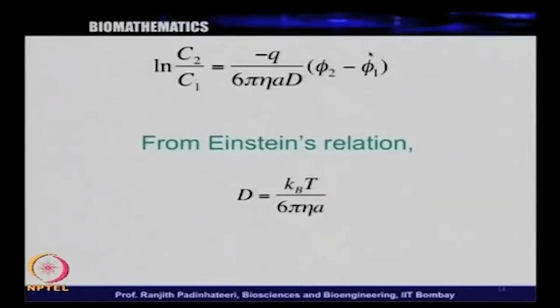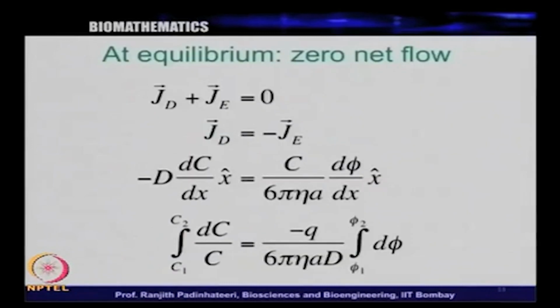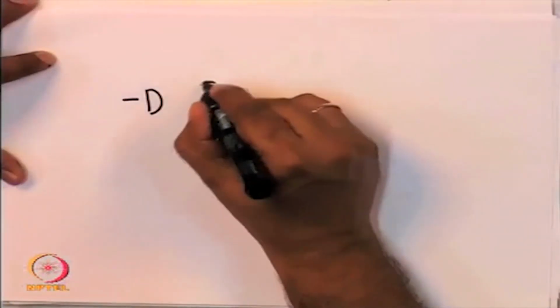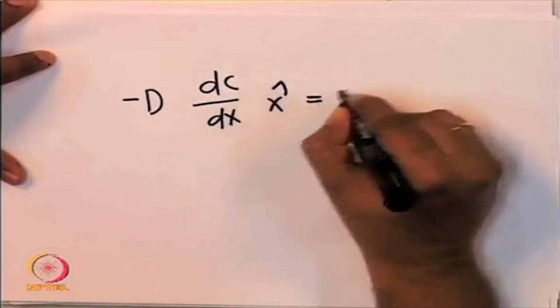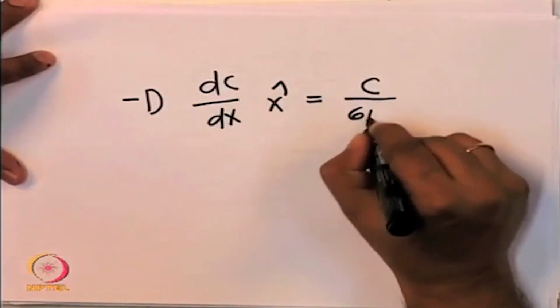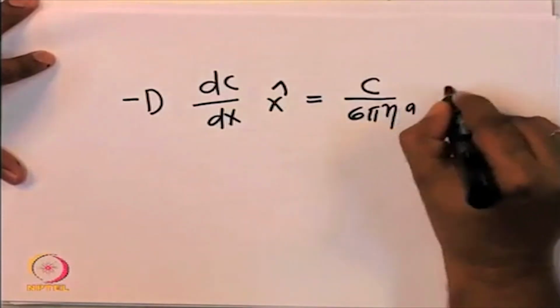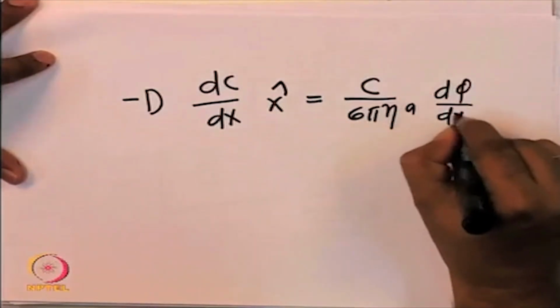If you do this integral, there is a minor typo here. So, the right way to write these equations, let me write. Let us look at this equation. If you write here, you have minus d dc by dx x cap is c by 6 pi eta a d phi by dx.